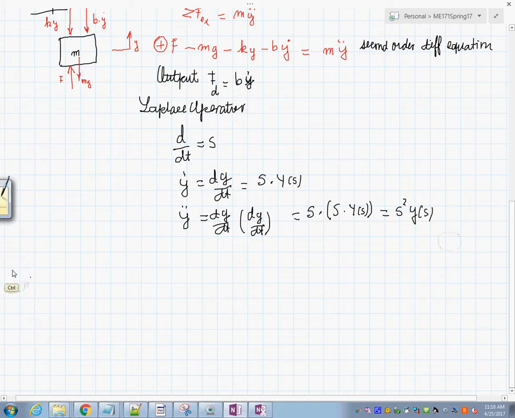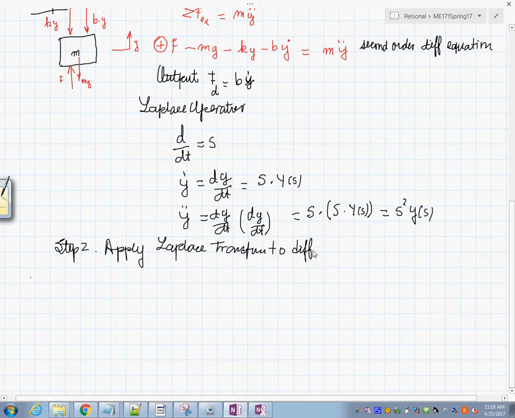So how would we do this? I'm just going to say step 2: apply the Laplace transform to the differential equations.